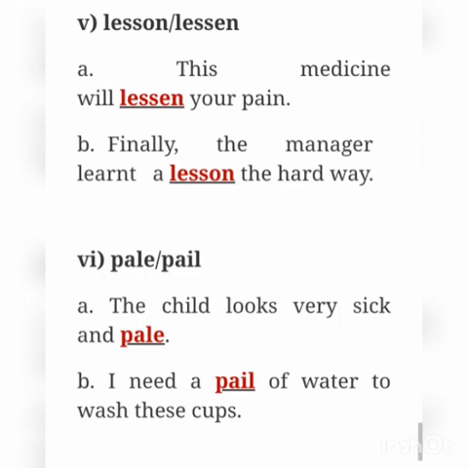Finally, the manager learnt a lesson the hard way. L-E-S-S-O-N. 6. Pale. P-A-L-E. The child looks very sick and pale. P-A-L-E. I need a pail of water to wash these cups.